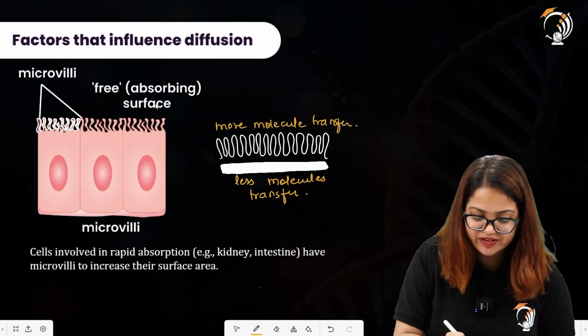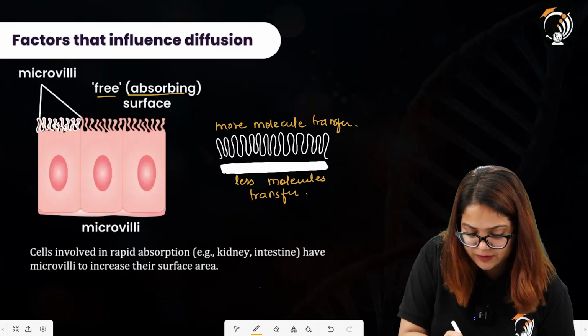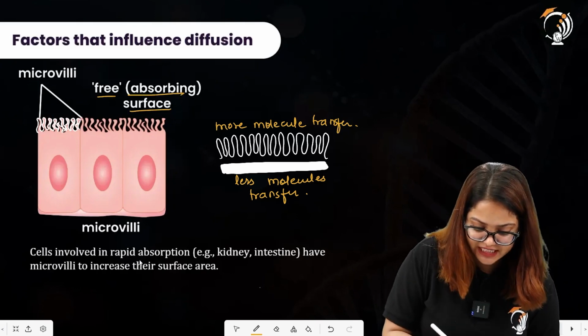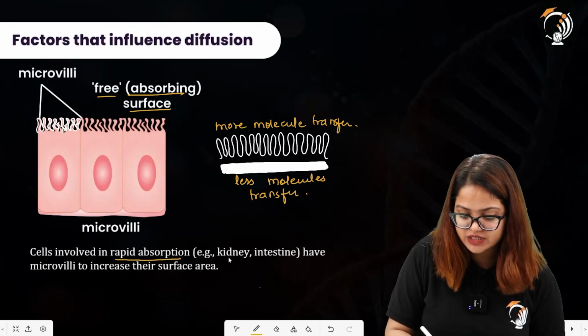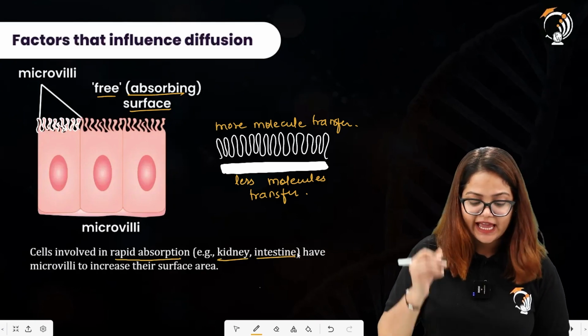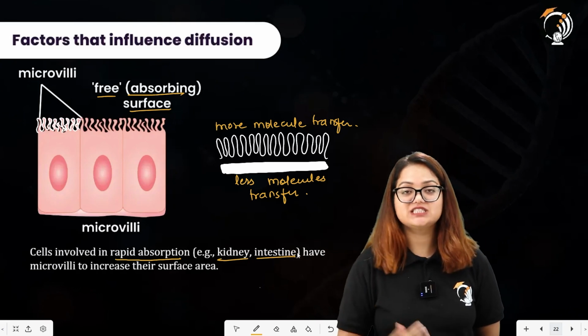So these microvilli behave as a free absorbing surface. The cells involved in rapid absorption, for example in the kidney and intestine, have microvilli to increase their surface area.